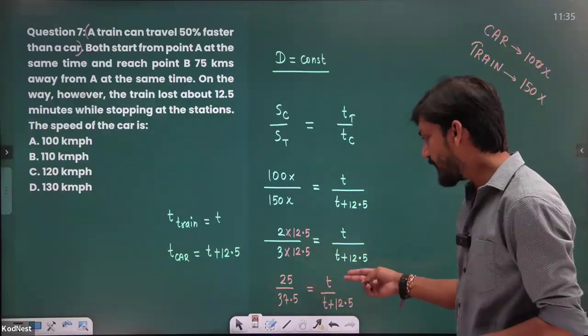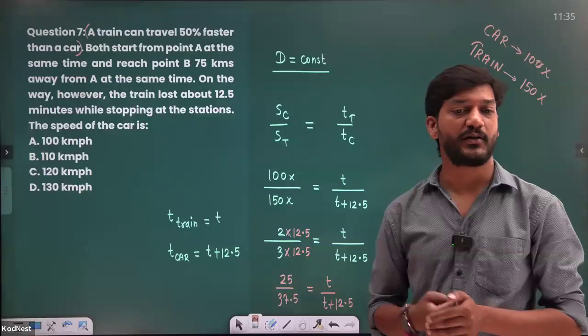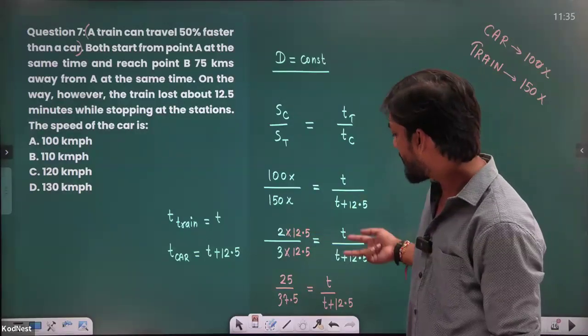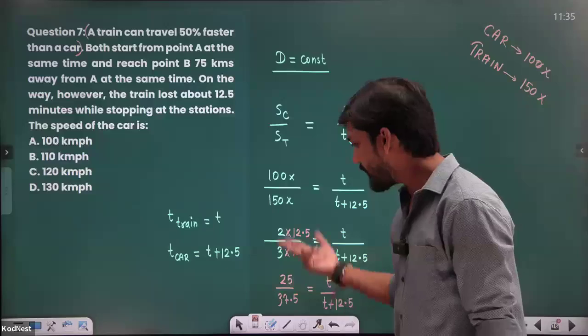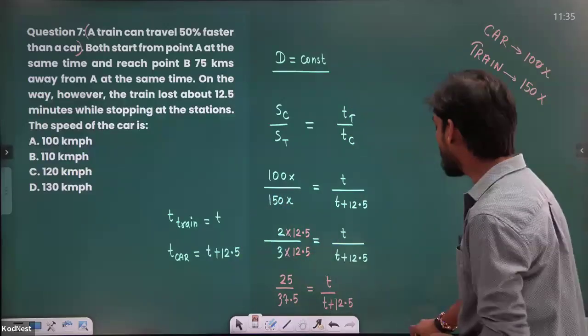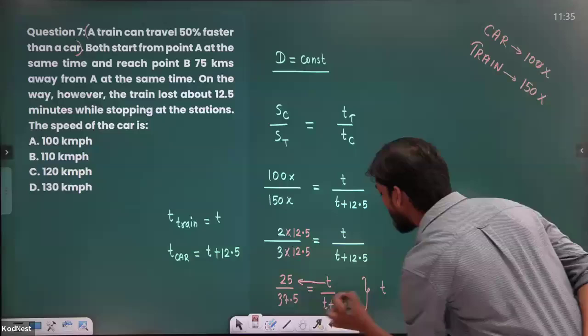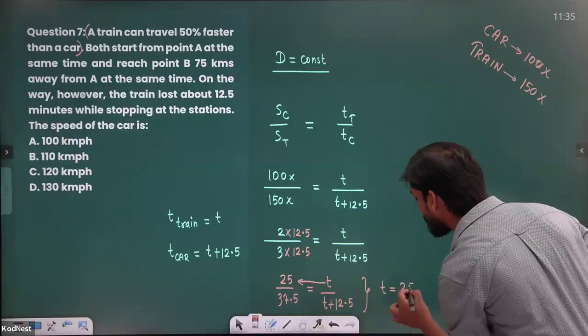Difference on the right side also 12.5. Yes or not? So make the difference same and you will get the direct answer. So direct answer will be t equals 25.